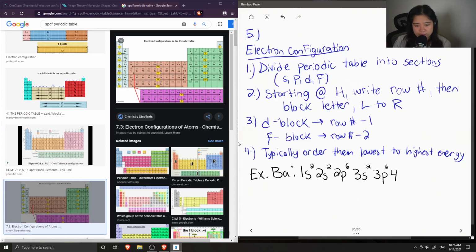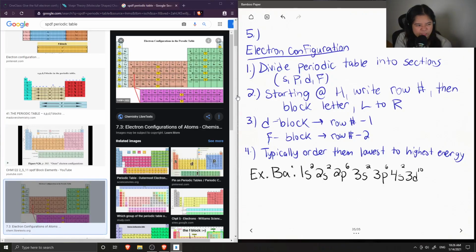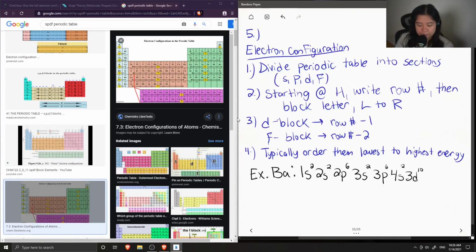Moving down, I'm going to write my 4s2 first. And then moving across to the d orbital, we have 3d10. You count out 1, 2, 3, 4, 5, 6, 7, 8, 9, 10, all across the d orbital.